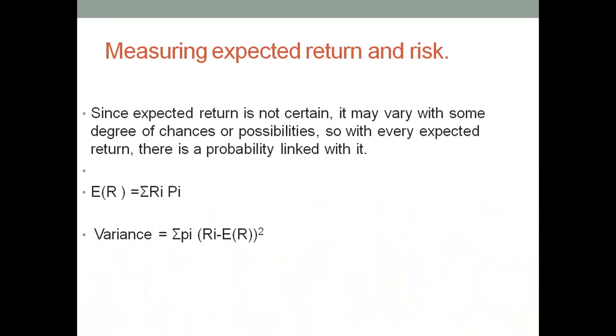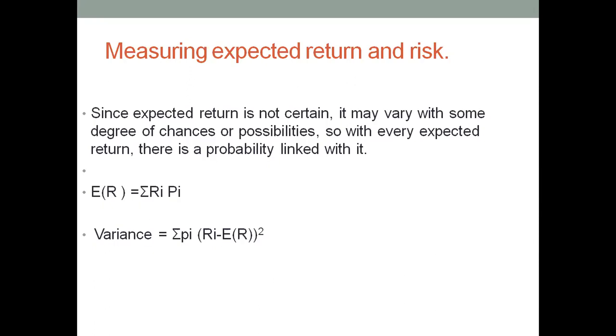This means for the first month, R1 into the probability of R1. Suppose we are expecting a return of R1 and the chance, the probability associated with it, is Pi. So it is multiplied by this and we take the sum.